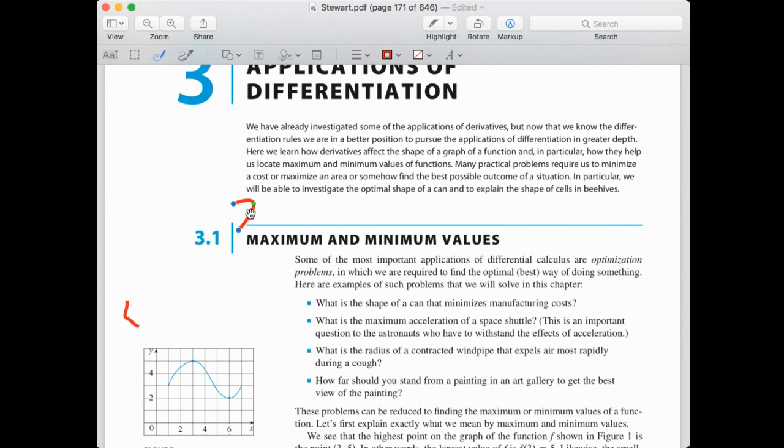But think about a quadratic function: we get either an upward parabola or a downward parabola. For an upward parabola, we get this point, the minimum value. For a downward parabola, we get this highest point, which is the maximum value.